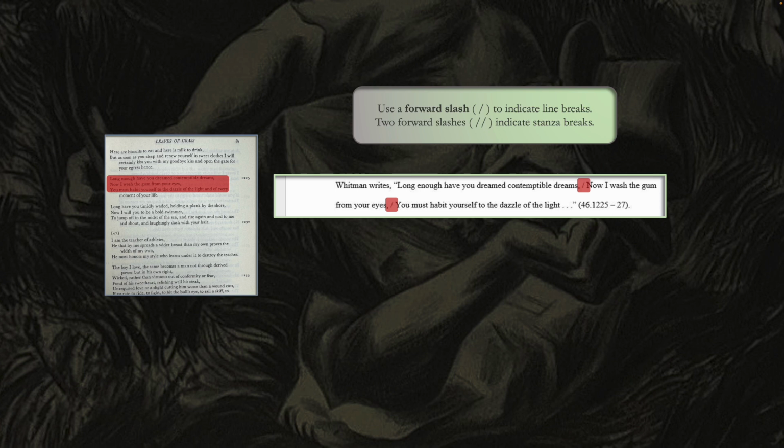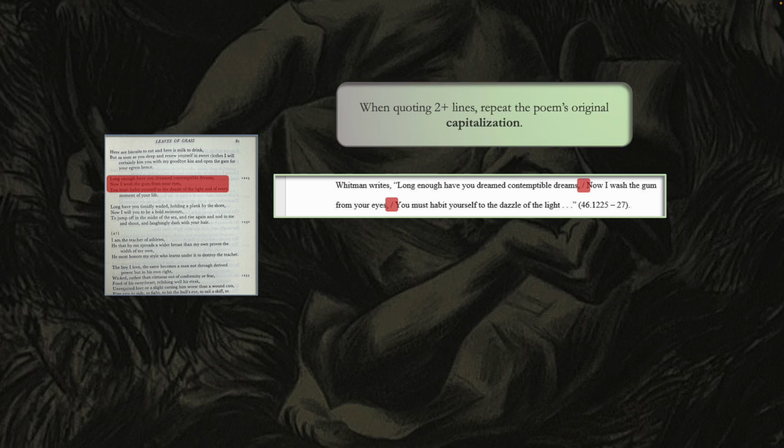If you don't space these right, the forward slashes can just disappear into your quotation. It'd be very hard for a reader to spot. So you always want to put a space before and a space after the forward slash. And the same with the 2 forward slashes: space, forward slash, forward slash, and then space to indicate a stanza break.